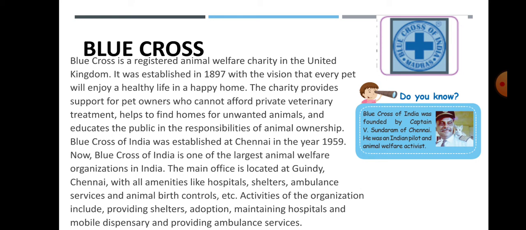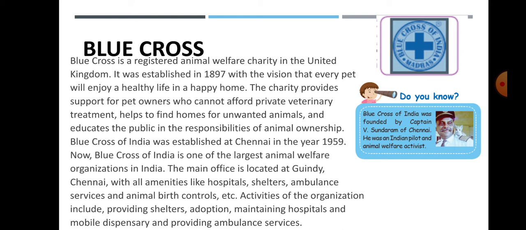But one person took the initiative to bring it to India. That person is Captain Sundaram. He is from Chennai, and he was an Indian pilot and a national animal welfare activist. He founded Blue Cross in India.